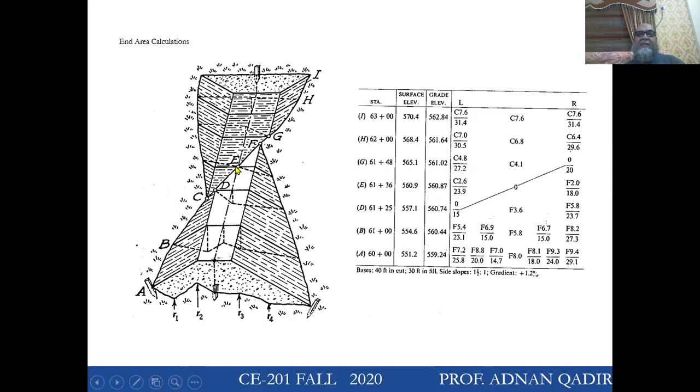Then at point E, this is what we called the part cut and part fill section. 2.6, 23.9, then there is no elevation at center point, 0, and then fill 5.2. Now gradually you can see that the grade elevation becomes higher than the surface elevation. That's what we call a fill section. So if your grade elevation is lower than the surface elevation, this is a cut section. And if your grade elevation is more than your surface elevation, this is a fill section.